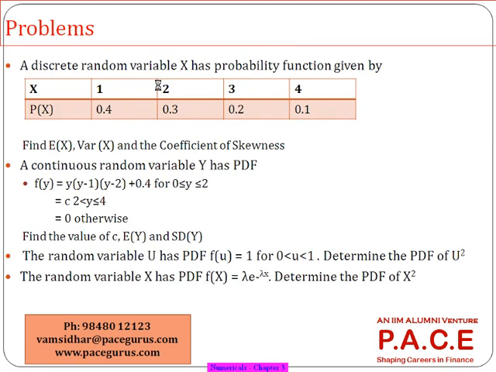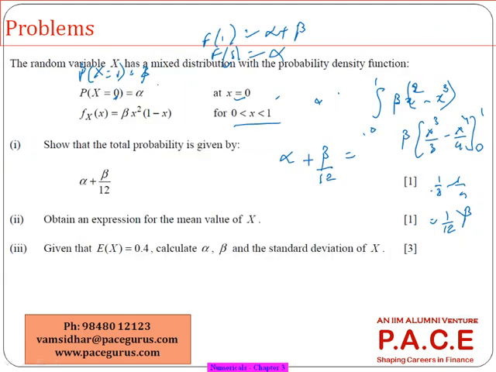So obtain an expression for the mean value. Mean is nothing but, for the discrete part, probability multiplied by its corresponding x value, which is 0. For the continuous part, it is between 0 to 1. You have to multiply it with x. So beta I am taking out, x squared minus x cube times x gives x cube minus x power 4.